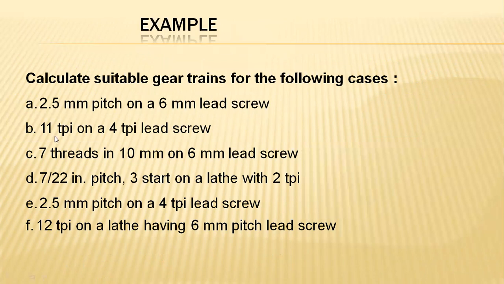That is the first condition. 11 turns per inch on a 4 turns per inch lead screw. 7 threads in 10 mm on a 6 mm lead screw. 7 by 22 inch pitch, 3 start on the lathe with 2 turns per inch. 2.5 mm pitch on a 4 turns per inch lead screw, and 12 turns per inch on a lathe having a 6 mm pitch lead screw.